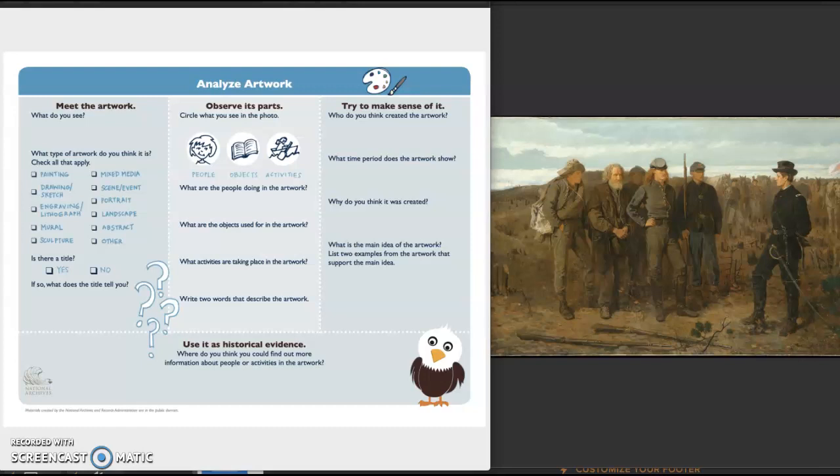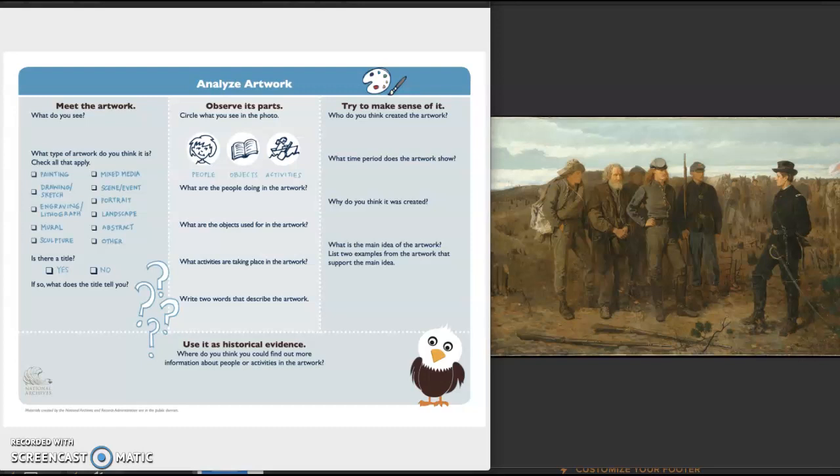What are the objects used in the artwork? There are guns on the floor, most likely from the Confederate soldiers in gray, and they look to be thrown on the ground. Then there are also the Union soldiers that have their weapons, and you can even say that some of the objects can be their clothing as well, if you would like to go that far, because you can see the variation of cleanliness between the two sides is very clear.